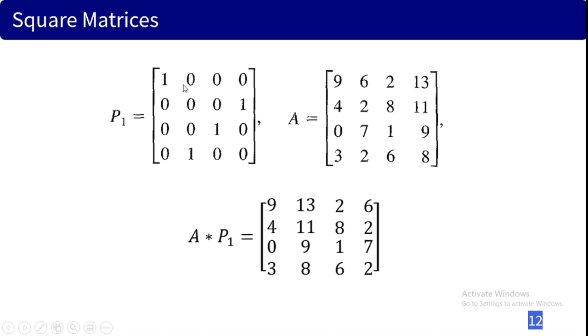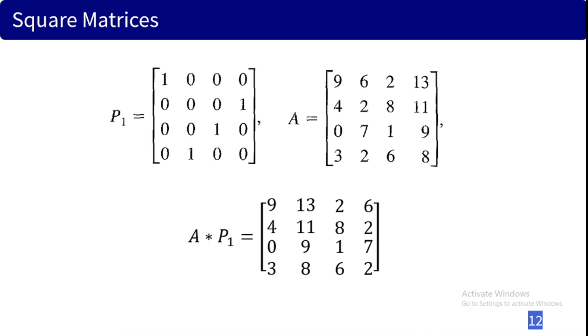Because as we can see in the transposition matrix P sub 1, these two columns, the second and fourth, were interchanged. Therefore, in the product A times P sub 1, the result is just the matrix A, only the second and fourth columns were interchanged, just like what happened with the transposition matrix P sub 1.